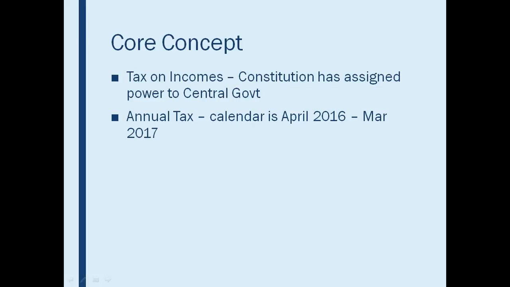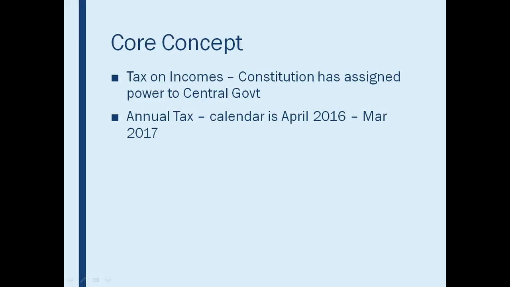So April to March is the calendar year for the income tax. And once March 17 is done, the year closes, and based on the timelines, that is the due dates for filing income tax, you need to accordingly pay the income tax and also file the income tax return.